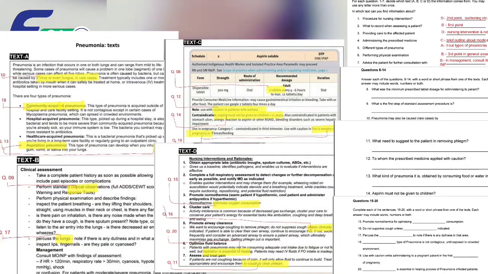Then I will start with our answers, and you can also see that we have written which paragraph and sentence each answer belongs to.